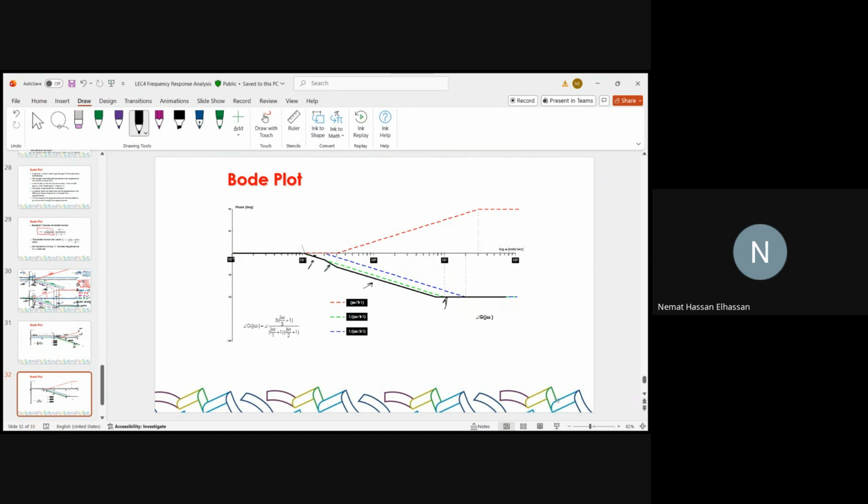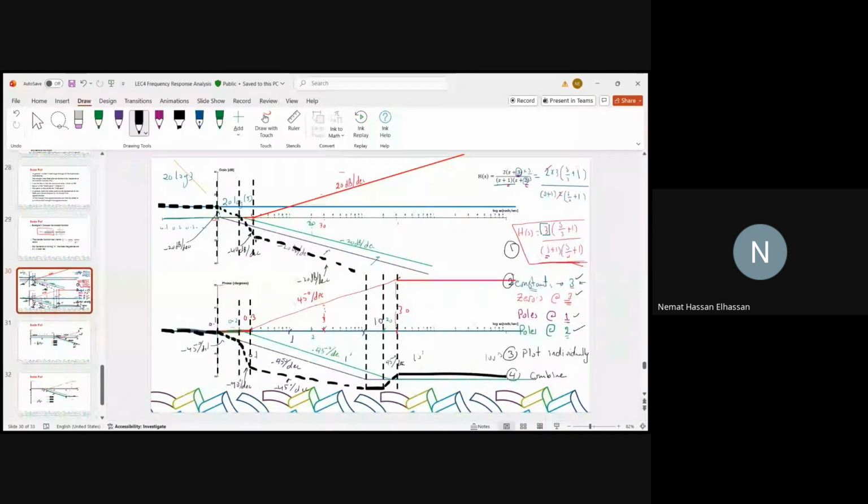Between 0.1 and 30, we have a continuously increasing negative degree phase shift. And then at 30, it stabilizes and we have a stable 90-degree phase shift. Does that make sense? So this is how we plot the Bode plot.